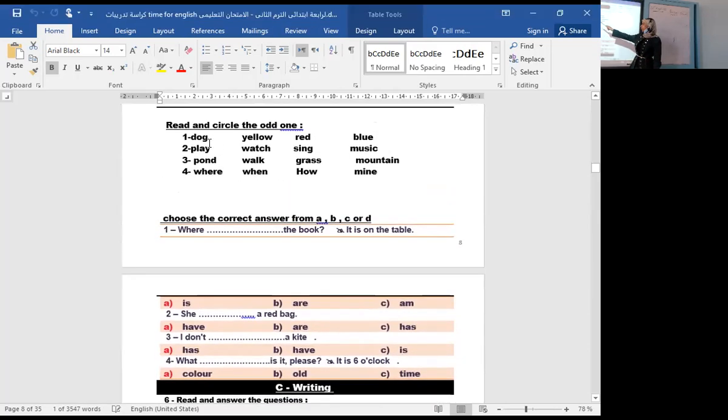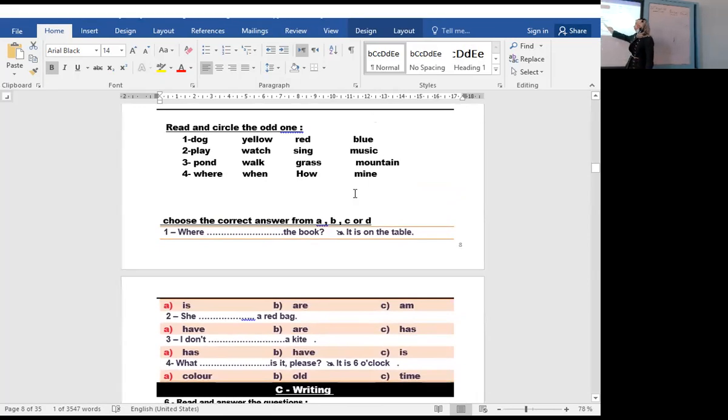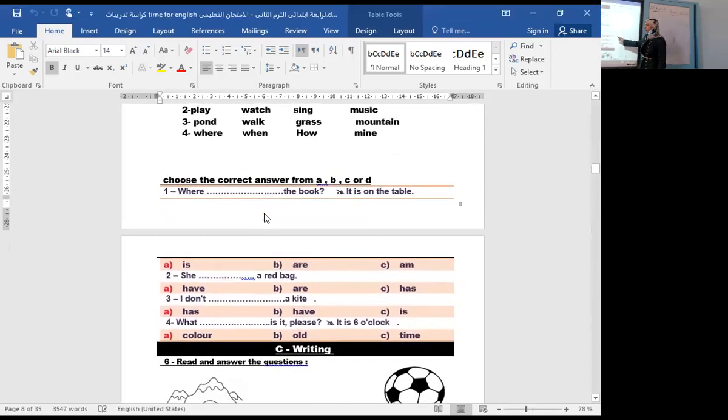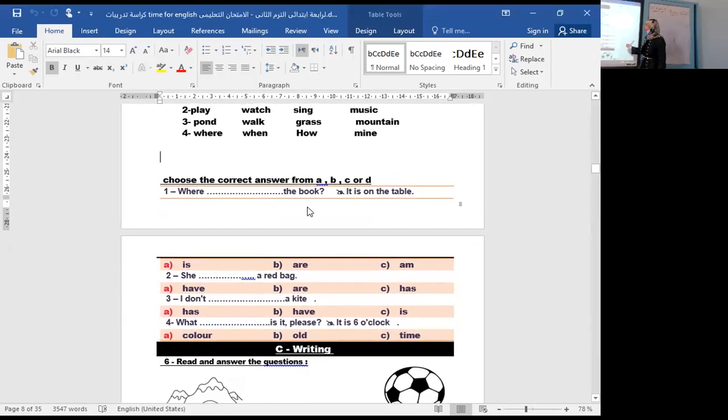And the last question is where, when, how, and mine. Of course, the odd one is mine. Mine is the odd one. Okay. The last question, choose the correct answer from A, B, C, or D. Where space the book, it's on the table. It's on the table.